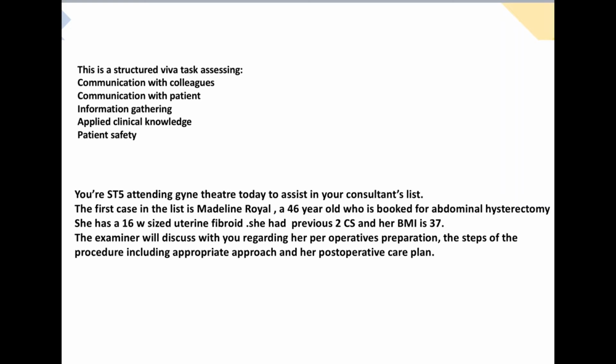One of the preoperative cares is to ensure that we are fulfilling the enhanced recovery program. So the patient has to be educated before surgery about being active, doing regular exercise, and eating healthy.